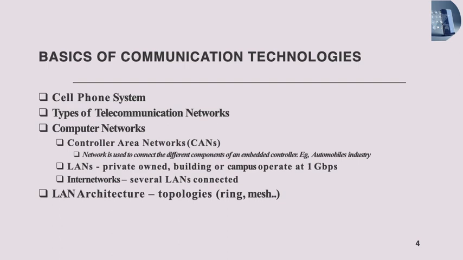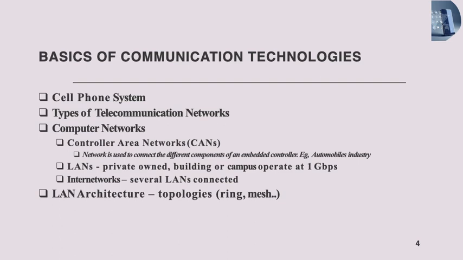Telecommunication is communication at a distance using electrical signals or electromagnetic waves. Examples of telecommunication systems are the telephone network, the radio broadcasting system, computer networks, and the internet itself is considered a telecommunication network.